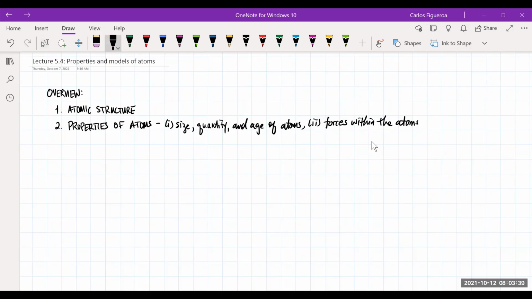And then from here, we should talk about the models of atoms. And there are two major models. One is definitely Rutherford's model.